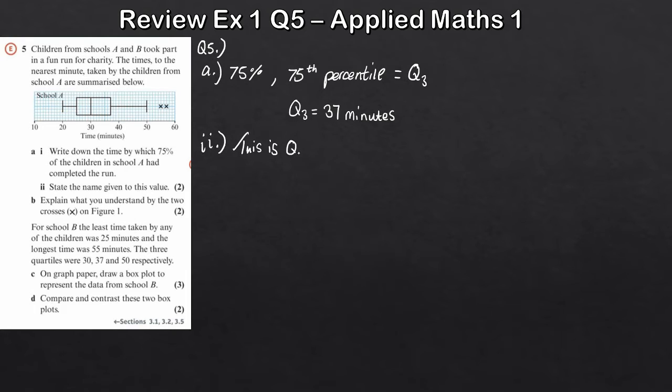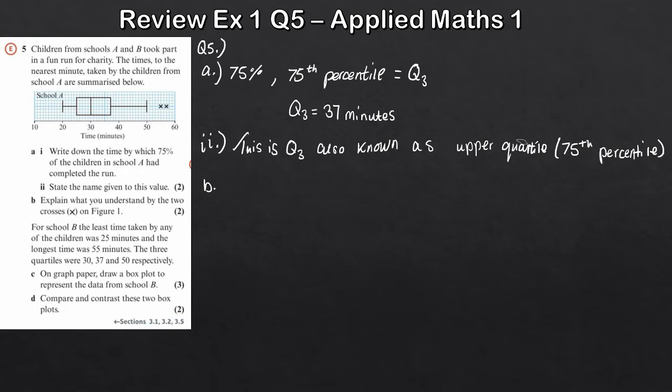We'd call it the upper quartile, or you could call it the 75th percentile, like we did up here. Either was absolutely fine, did get you the mark either way. But that's all you'll be able to say for that part there.